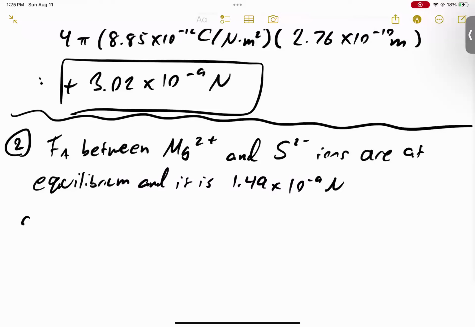All right, so we're given that. And A, we need to find what is the corresponding interionic distance.